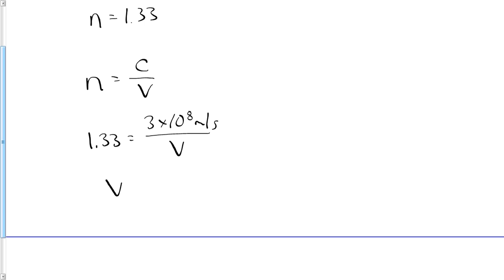And so that velocity is whatever 3 divided by 1.33 is, 2.6 times 10 to the 8th meters per second. So it's still really, really fast. But it has slowed down enough to bend it.